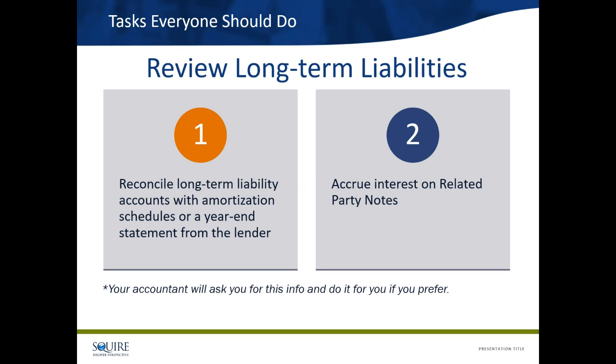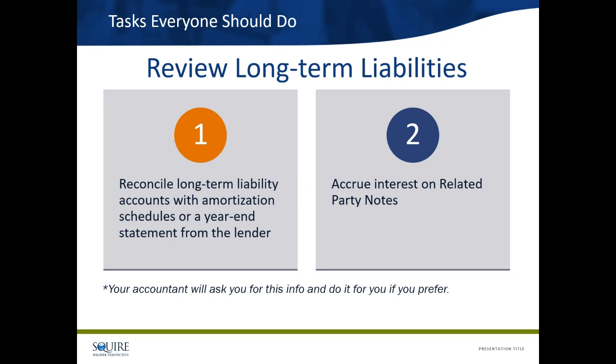And then if you have related party notes, those typically you need to accrue interest on those. So it's a nominal interest rate that you're going to use. Make sure that you have that interest recorded as well. And these are tasks that if you aren't comfortable doing, want some help with, that's something that we can help you with.